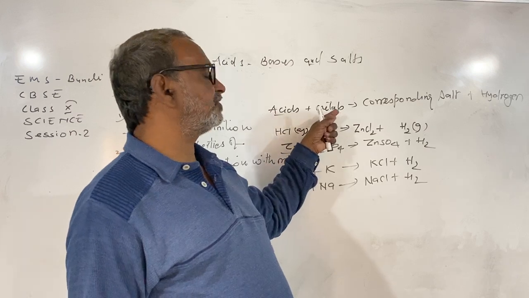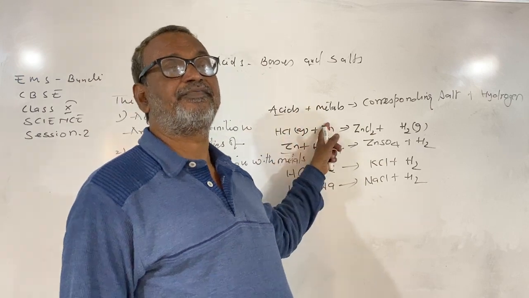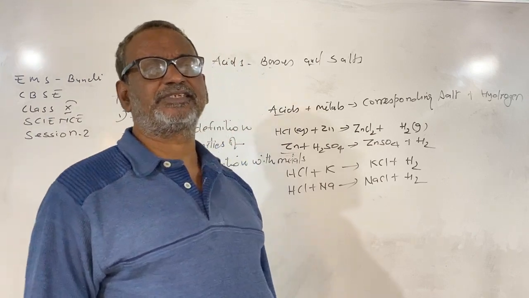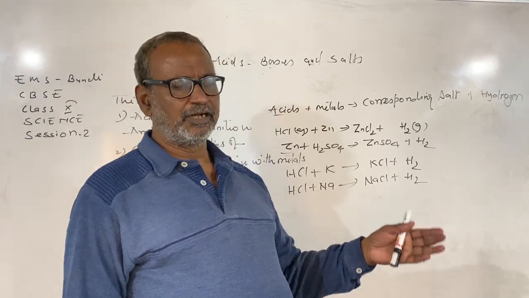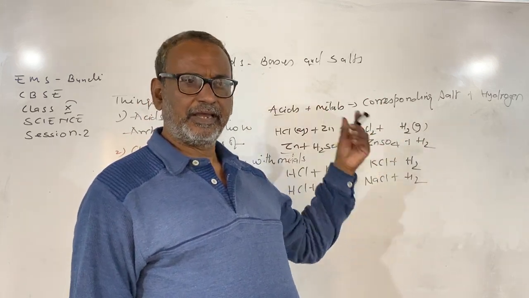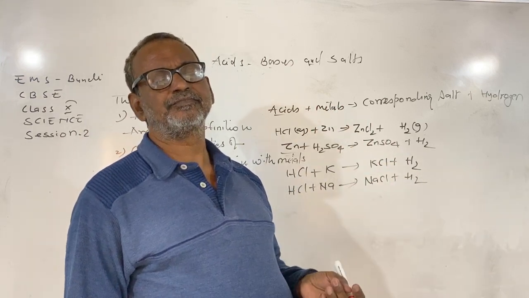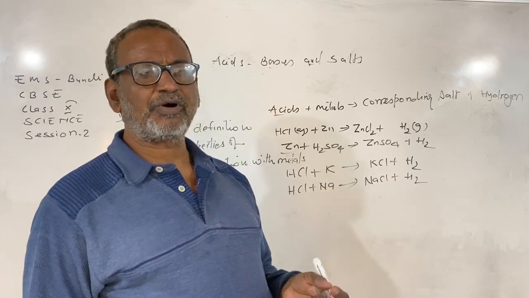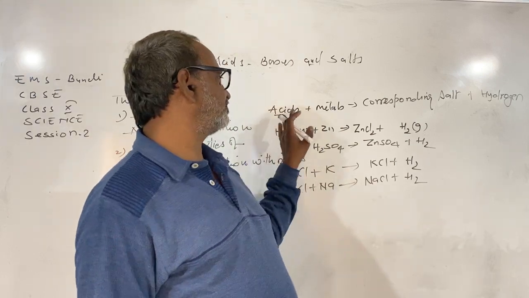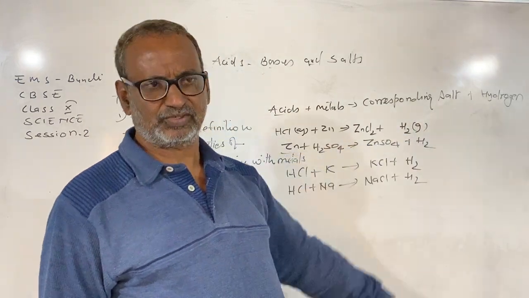Acids actually react with those metals which are above hydrogen in the reactivity series. The most common metals which are above hydrogen include potassium, sodium, magnesium, calcium, aluminium, zinc, iron, lead, tin. So they will react with acids to form corresponding salt and liberate hydrogen gas.